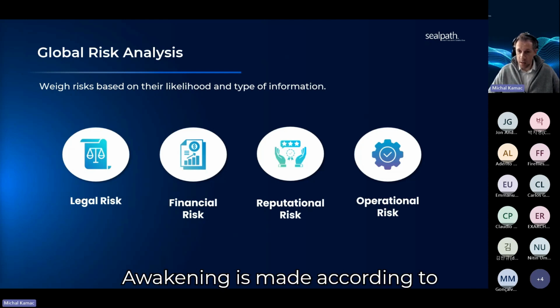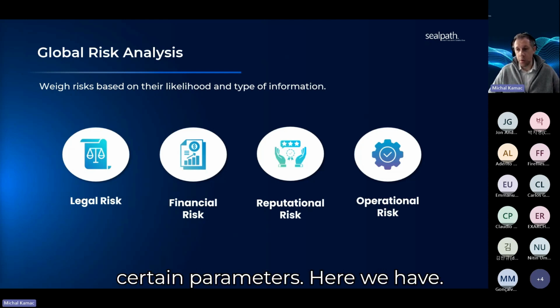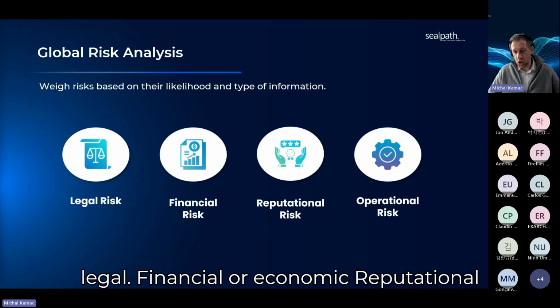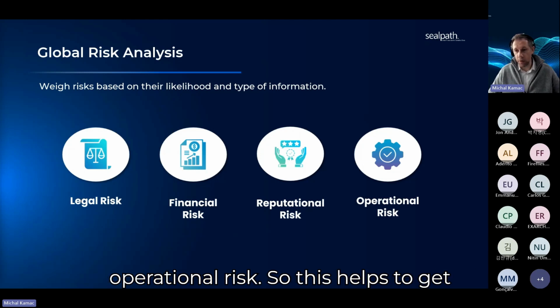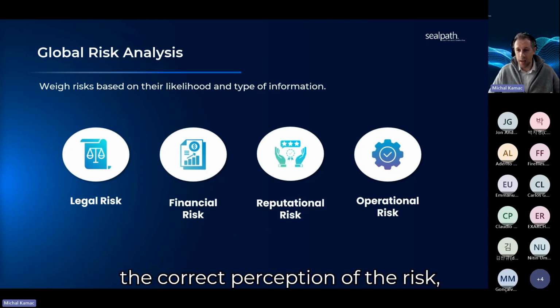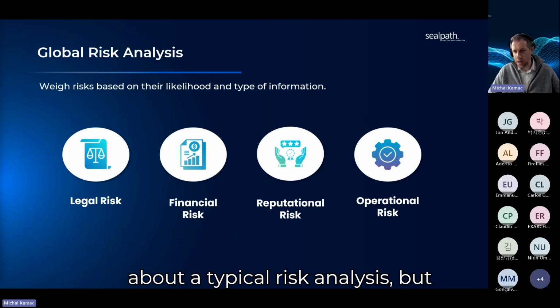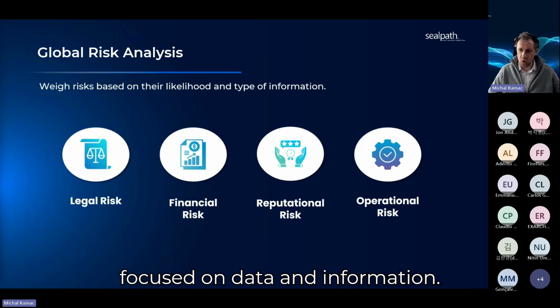A weighting is made according to certain parameters. Here, in our case, we have legal, financial or economic, reputational, and operational risk. So this helps to get the correct perception of the risk, okay? Here we talk about a typical risk analysis, but focused on data and information.